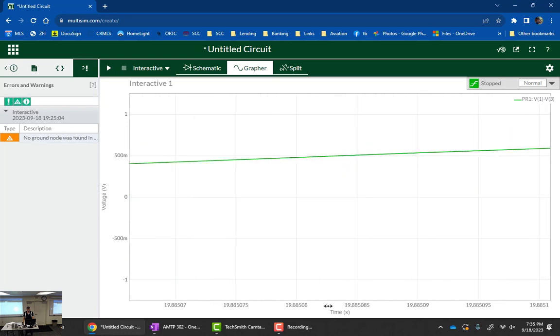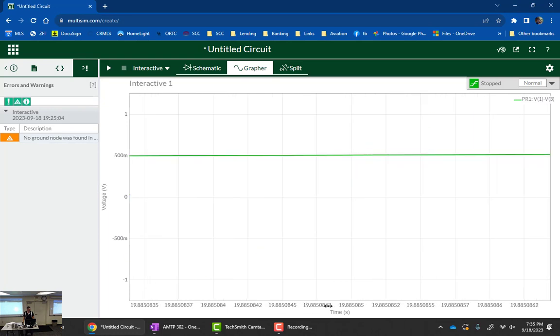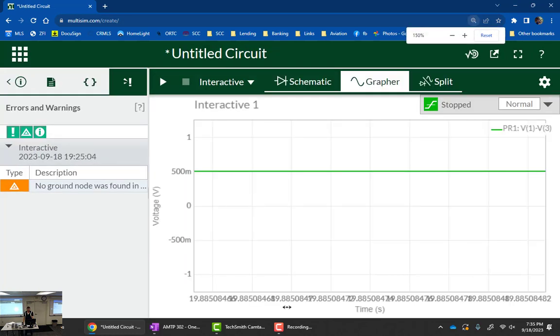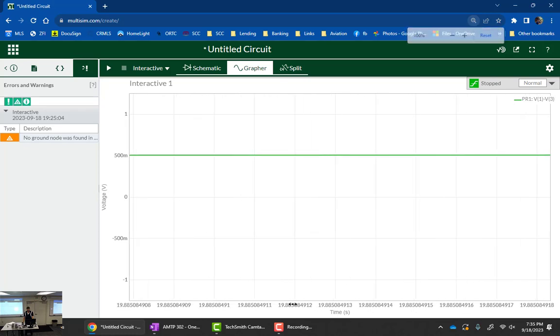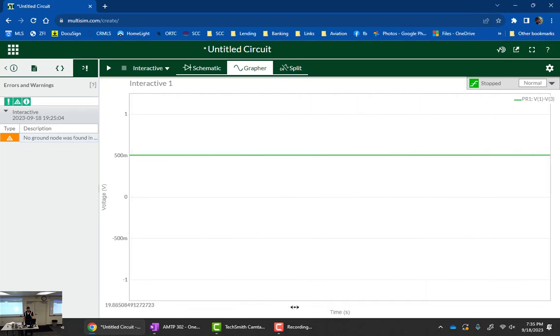If you zoomed way in on this AC, what does it look like? It looks flat because we're looking at such a tiny slice of time. Go back the other way.